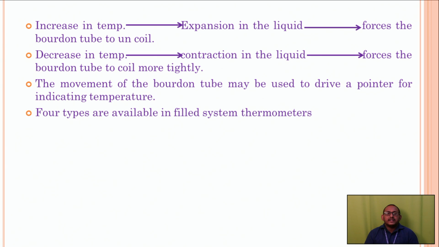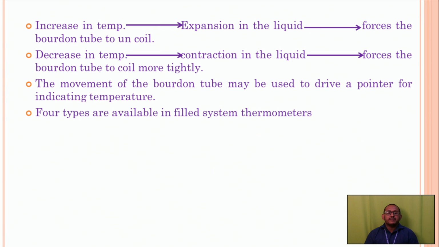Then if the temperature decreases, the contraction of the liquid will happen, the reading on the scale will reduce, so the temperature will be reduced. The movement of the Bourdon tube may be used to drive a pointer so as to indicate the temperature.